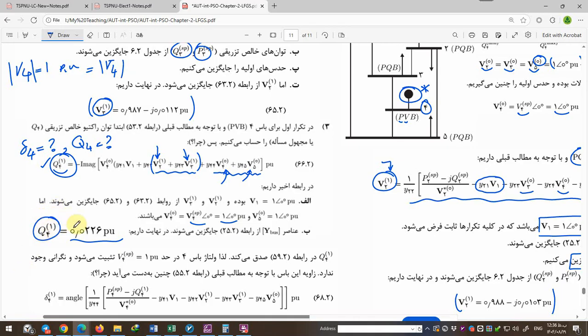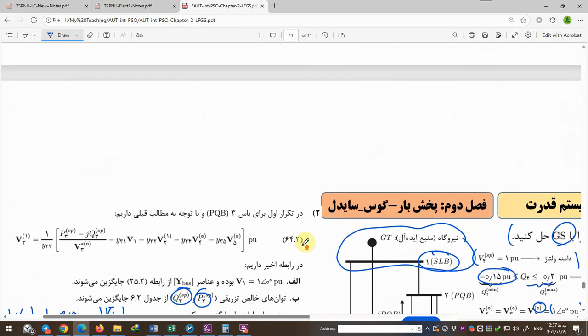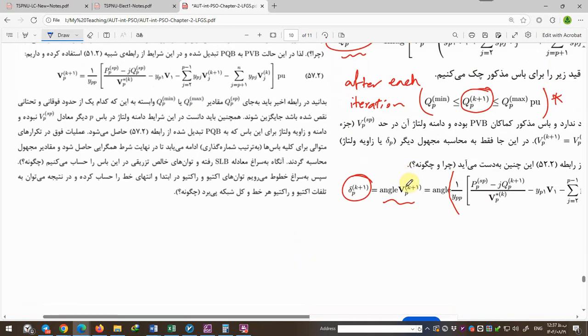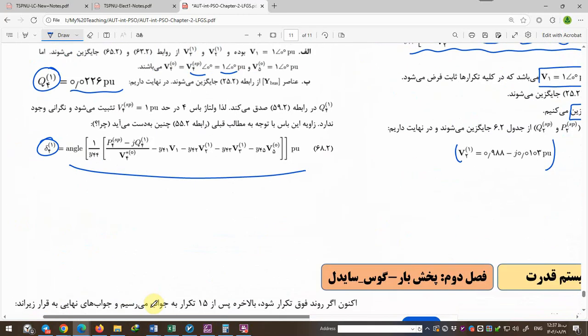After finding Q4, it is time to calculate delta 4. Delta 4 in the first iteration, use this equation. This equation is written here. And after filling parameters with the new one and the old one.